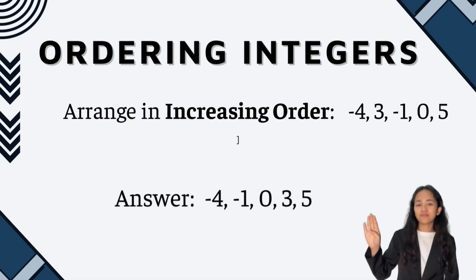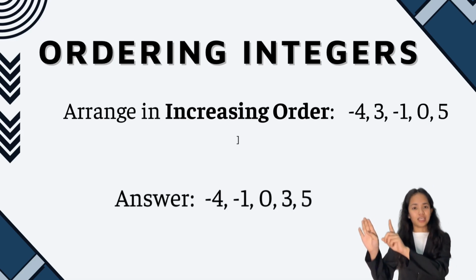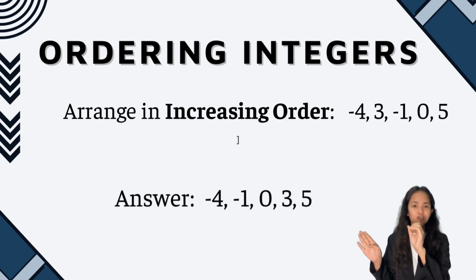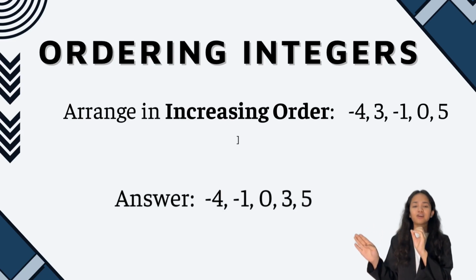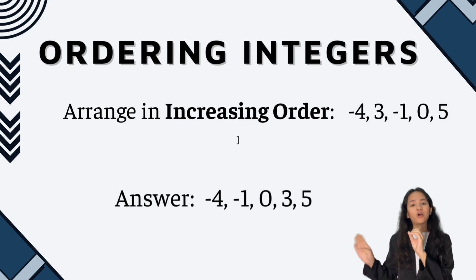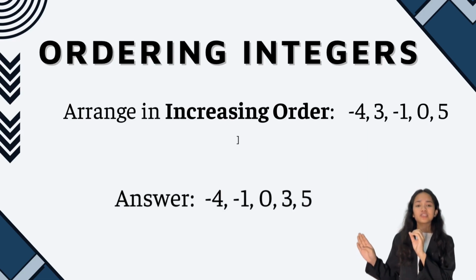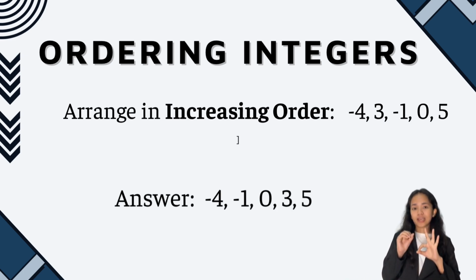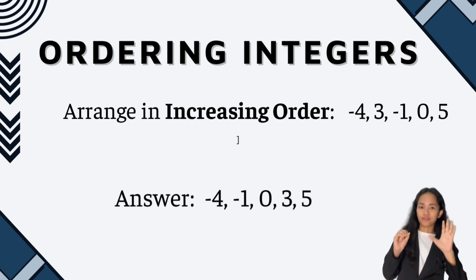The next negative integer is -1, followed by 0. Next, class, which is bigger, 3 or 5? Obviously 5 is greater than 3, so what comes after 0 is 3, followed by 5. Is that clear, class?